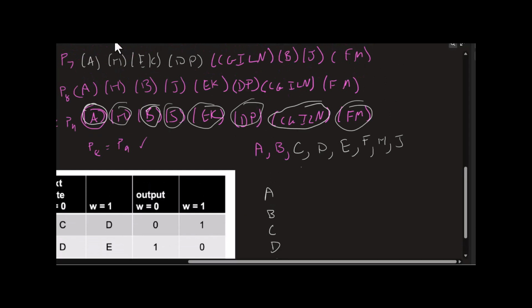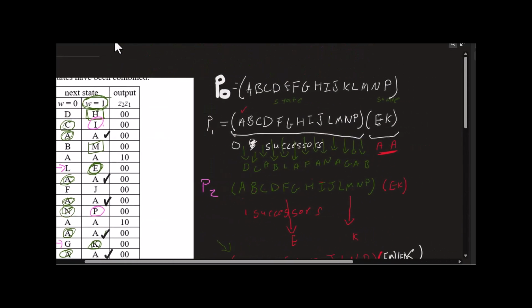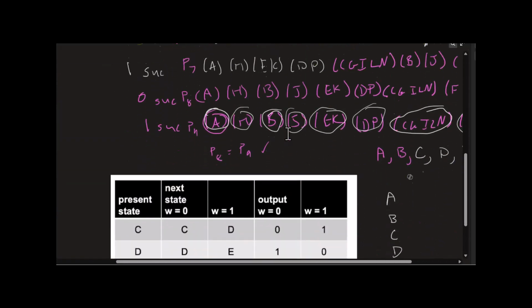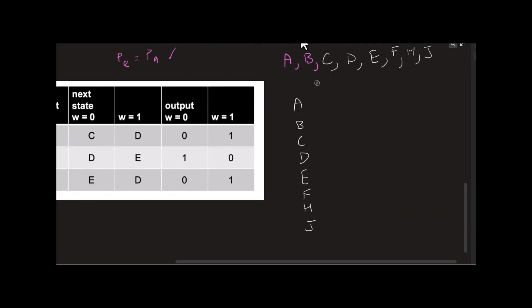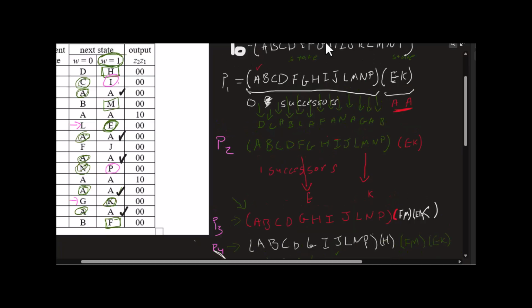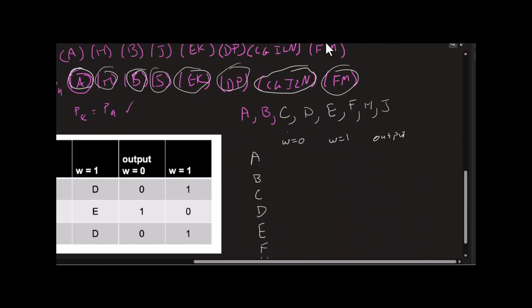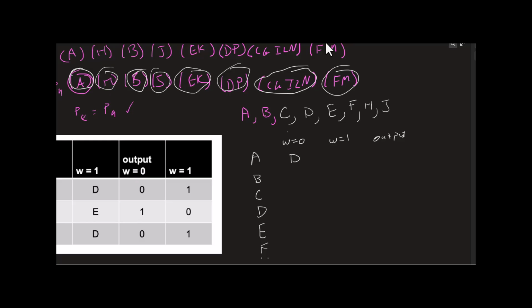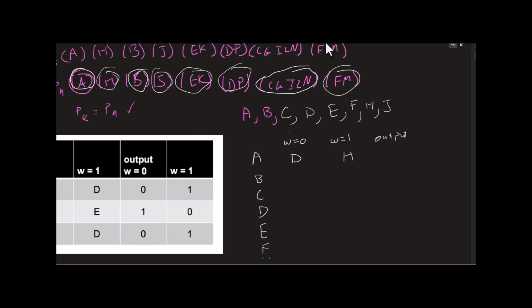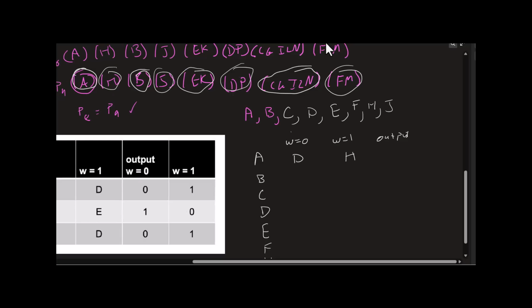And then I'll have W equals 0, W equals 1, and output. So now let's see. A went to D and H originally. D is good. That's one of my states here, and H is fine. And that was a 0, 0 was my output.